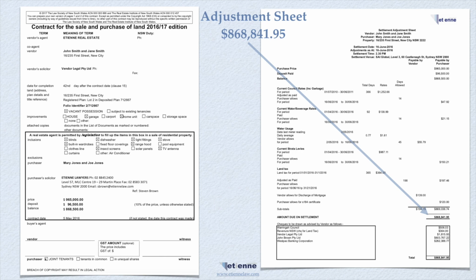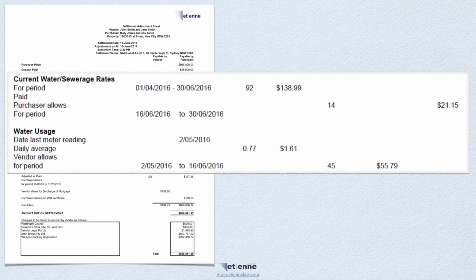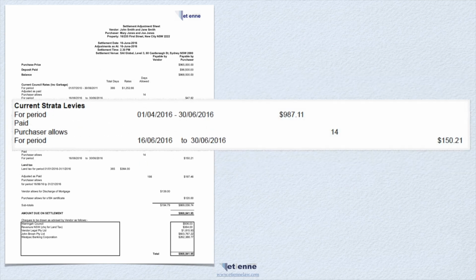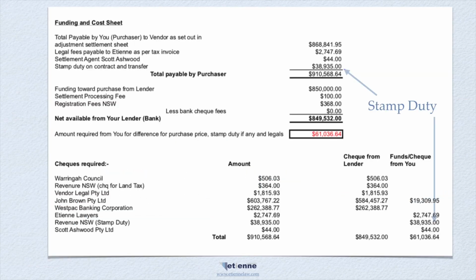While all the information on the settlement sheet is important, some of the more important figures are these. Council rates need to be adjusted. Water and sewage rates need to be adjusted. Strata levies need to be adjusted if it's strata or community title, and in this particular example, land tax.